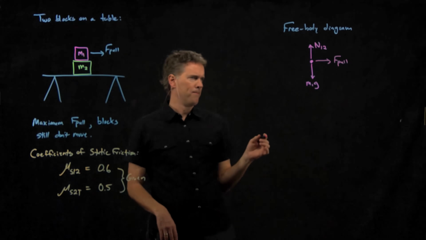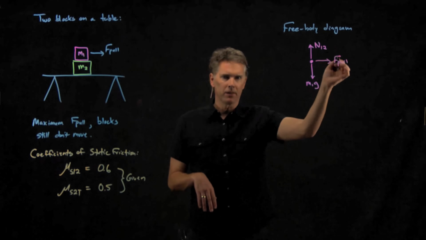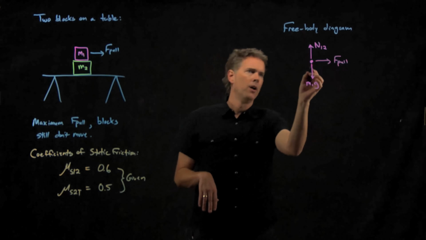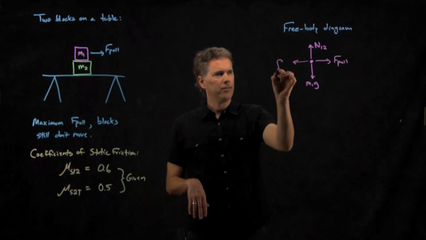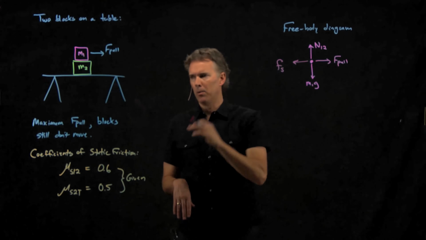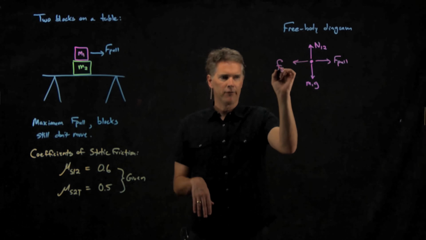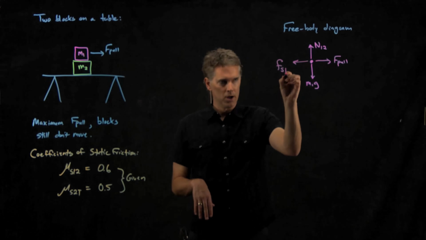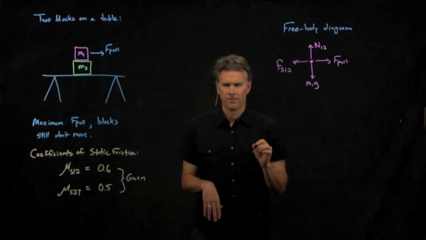Static friction, which way? Yeah, if it's not moving, there's got to be something that's going to balance out F pull, and that would be static friction going this way. F sub S, but we need to put some more subscripts on it because this is static frictional force on block 1 due to block 2. Okay?